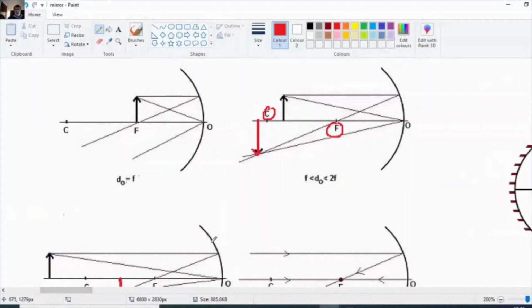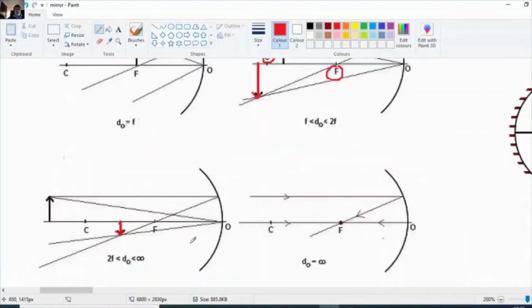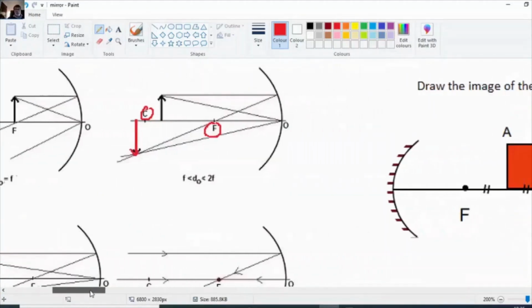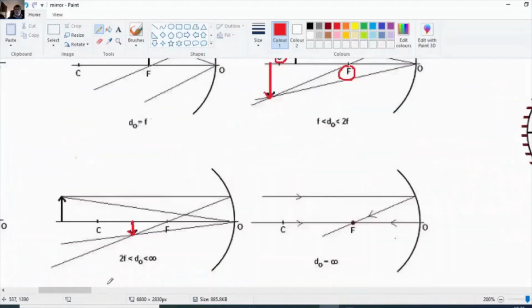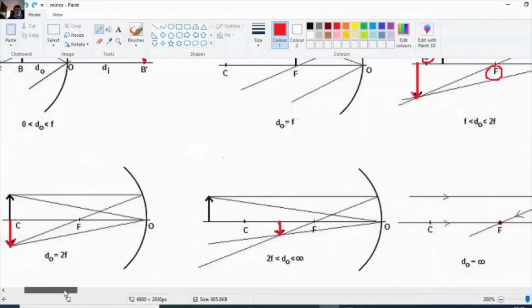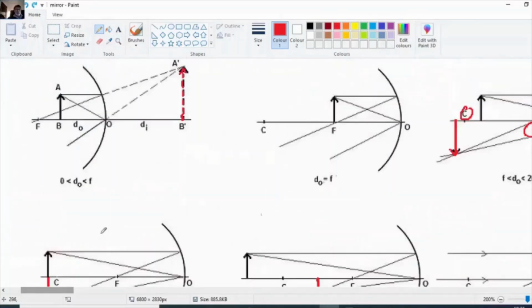So the other case where we can get a bigger image is if the object is between the focal point and the mirror. Then we are going to get an enlarged and upright image. So for the dentist, the best way is to place the object between the focal point and the mirror.